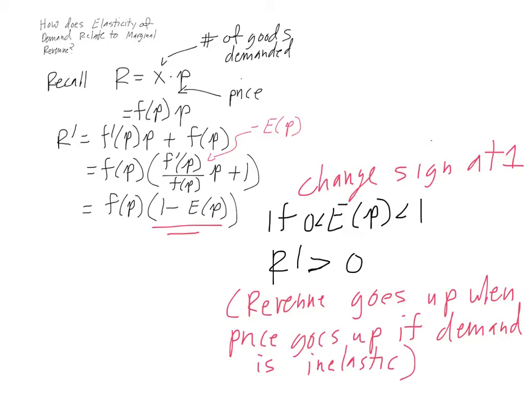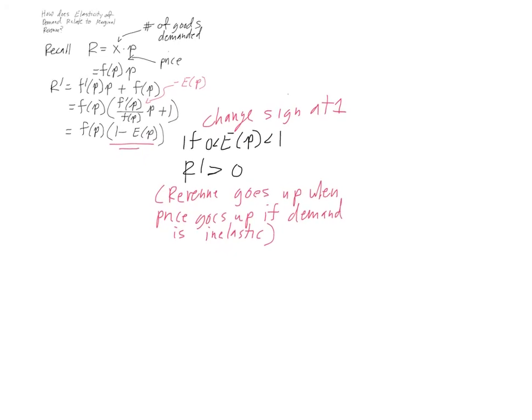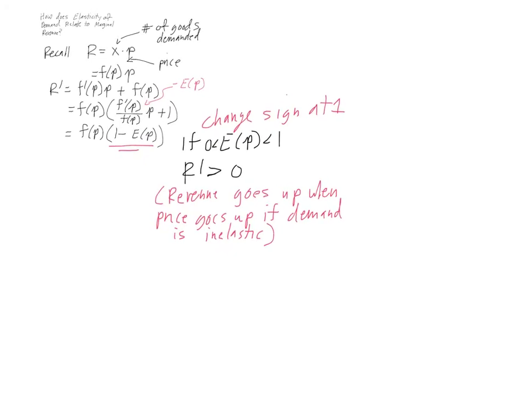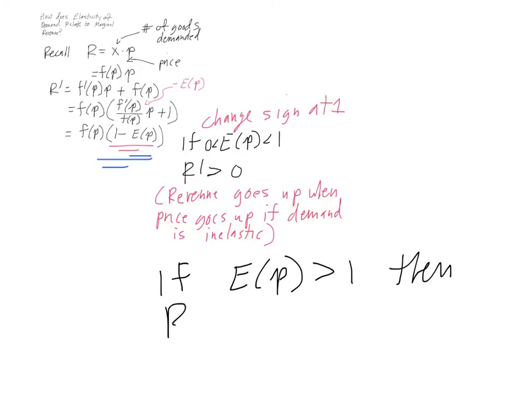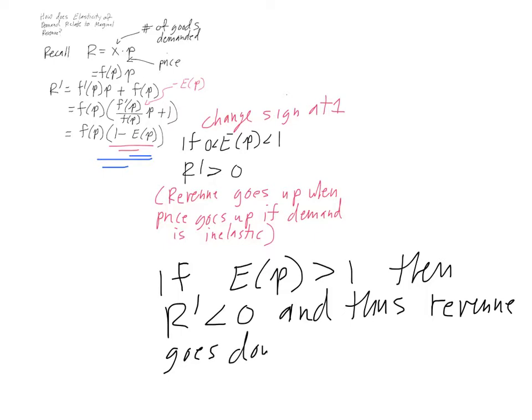On the other hand, if we look at this formula again, if E of P is greater than 1, then that term is going to be negative, so R prime is smaller than 0, and thus revenue goes down when price is elastic.